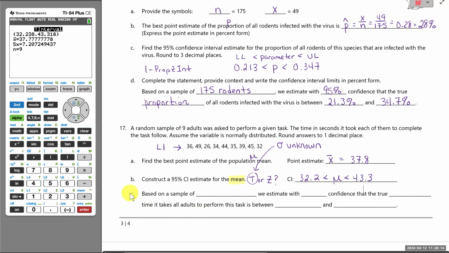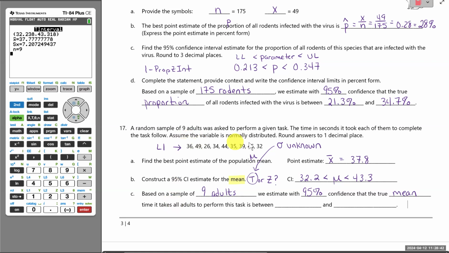Okay, so let's summarize here. So based on a sample of 9 adults, we estimate with 95% confidence that the true mean is the parameter we're estimating. So the true mean time it takes for all adults to perform this task.